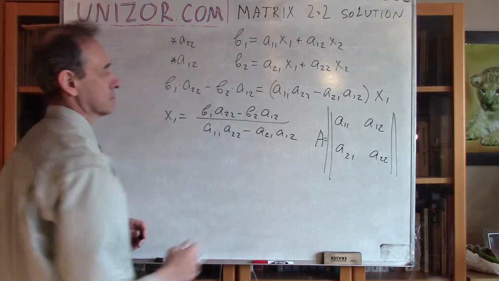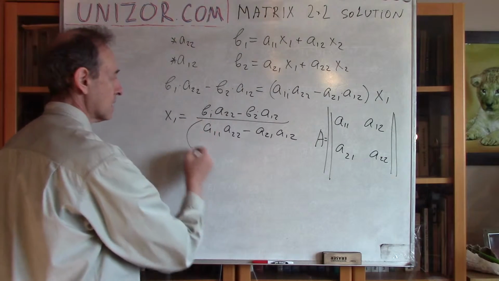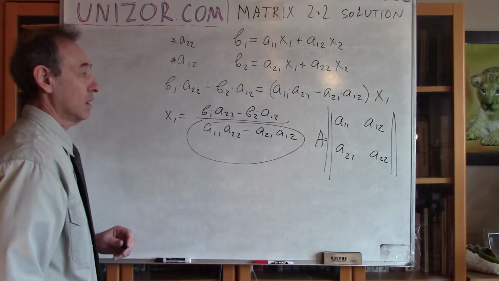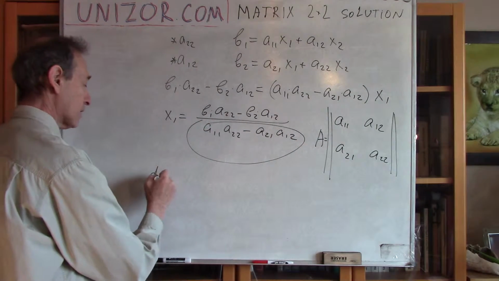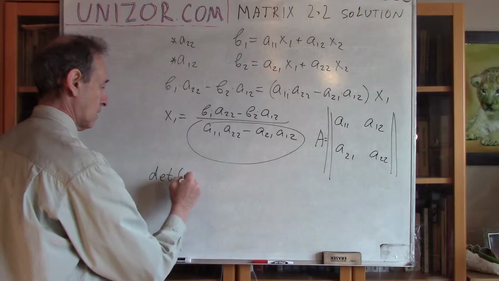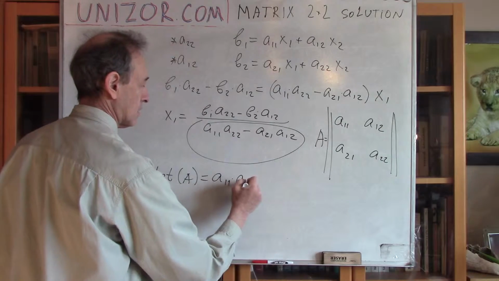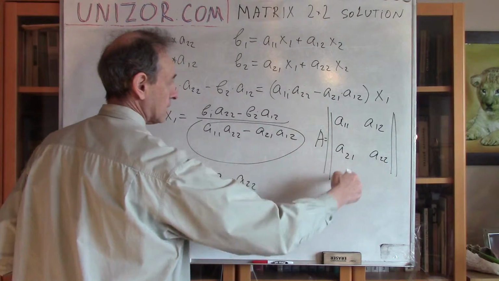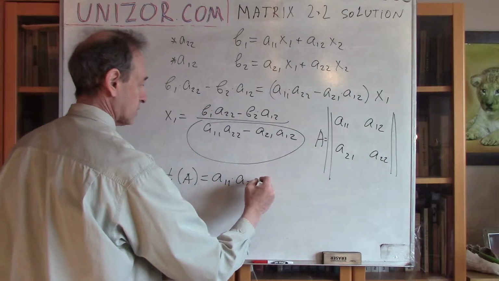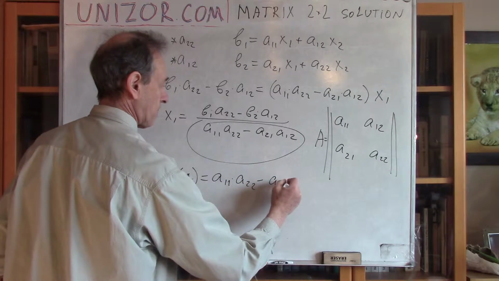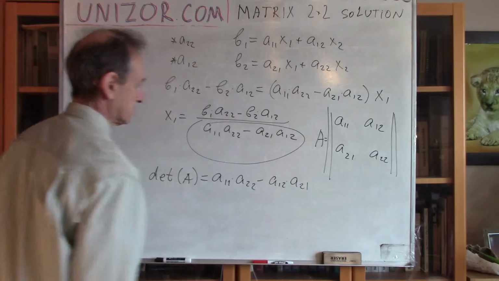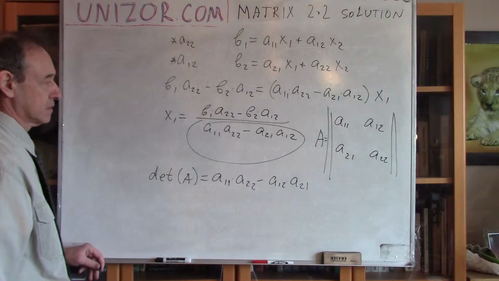Now, what is in the denominator? Well, according to our definition, the determinant of this matrix is the main diagonal minus the alternate diagonal, which is exactly the denominator here.